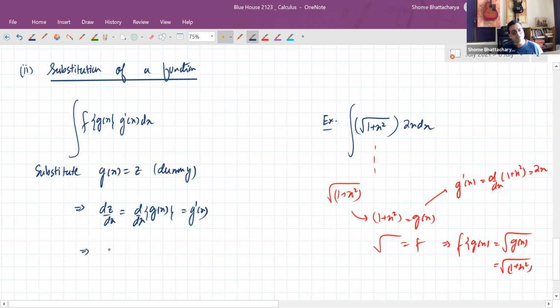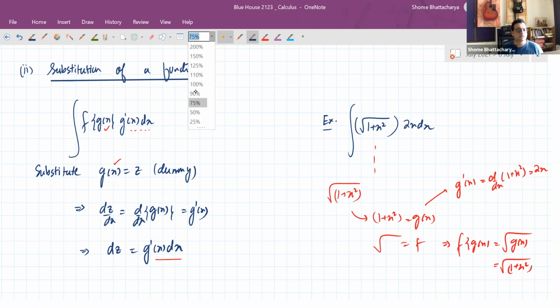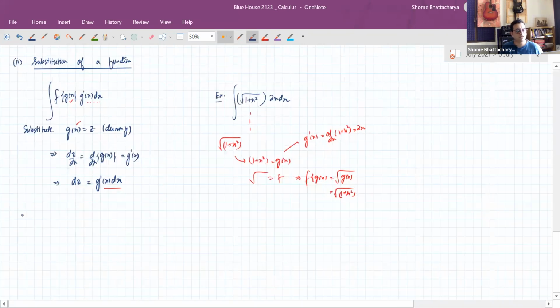So now the next step: if we cross multiply, then g prime x into dx, this whole term is over here. And this term is getting substituted as this. So doing both these substitutions, our integration becomes a simple integration now.